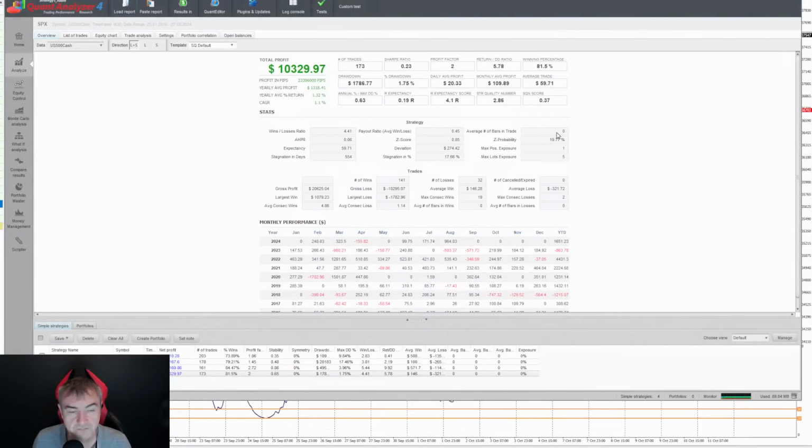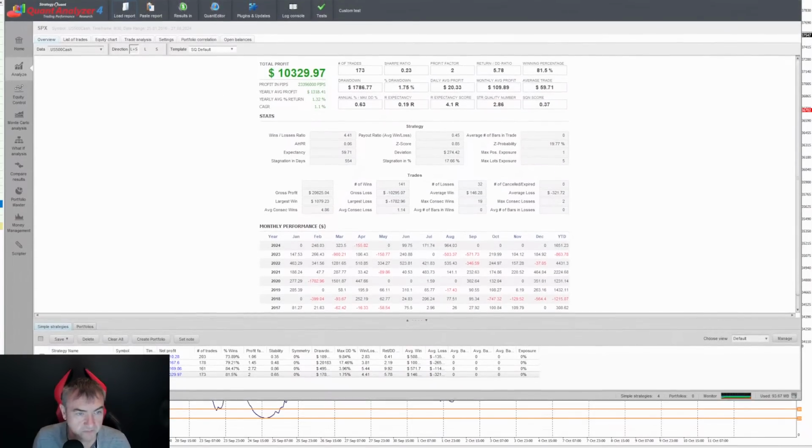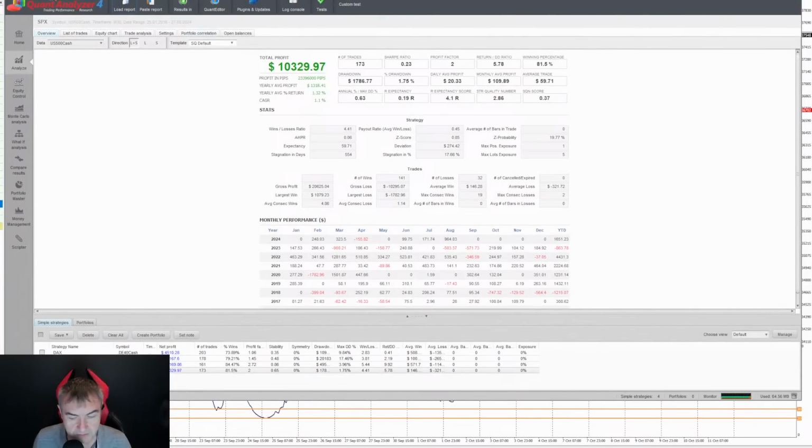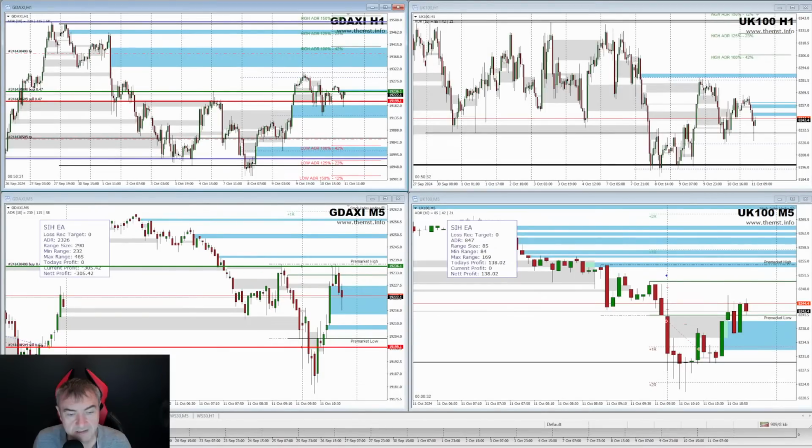I'm going to start off with this strategy because it's fairly straightforward. This strategy that we looked at and that I built the EA on is basically the buy on Monday strategy.